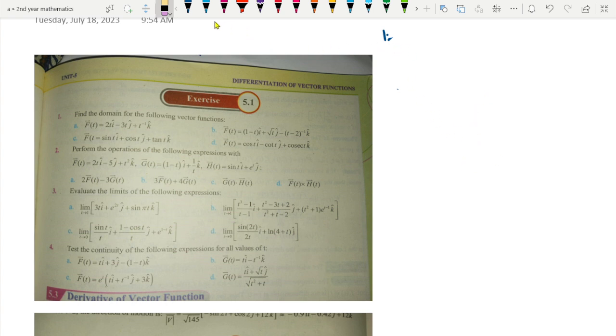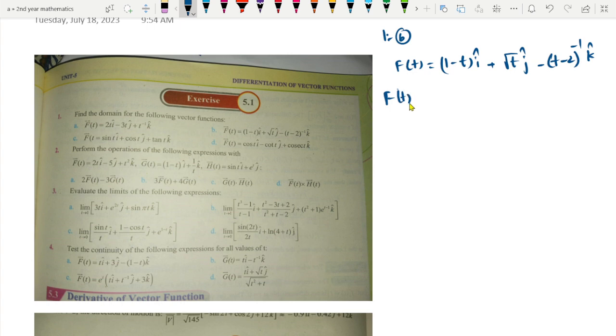Part B of question number 1. F of t is equal to 1 minus t unit vector I plus under root t j and minus 1 divided by t minus 2 k.